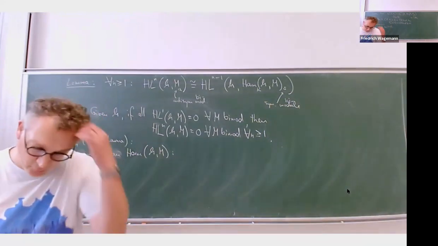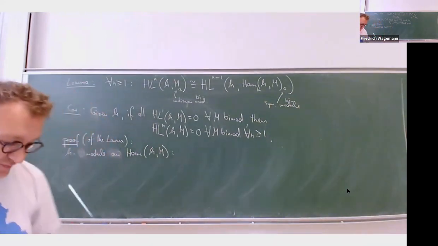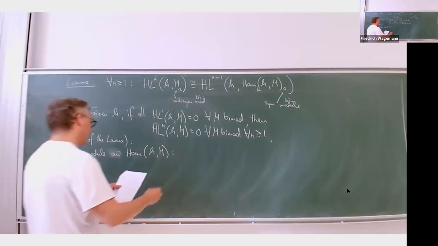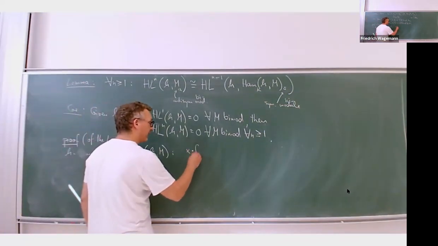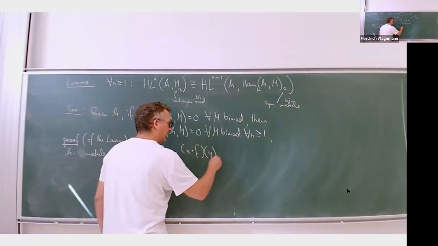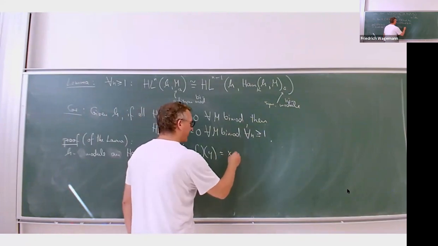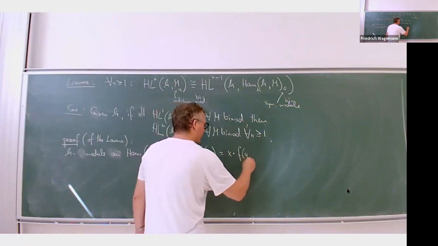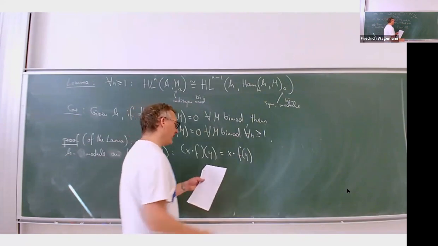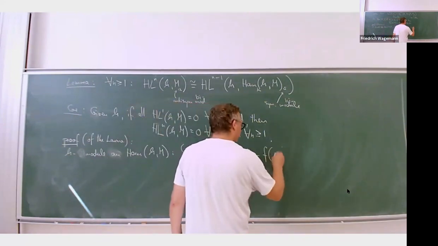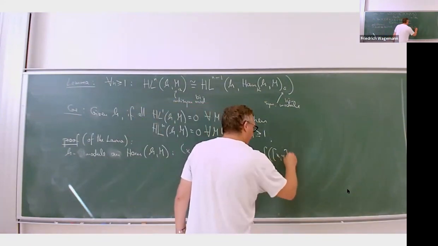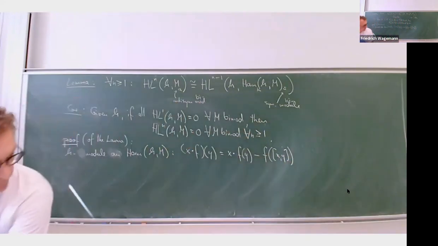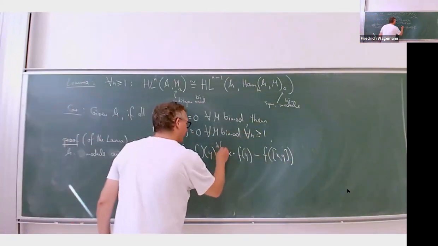And what one does is exactly as always. Either I act on the outside, or I act on the inside with the minus sign. This is the definition of the module structure.